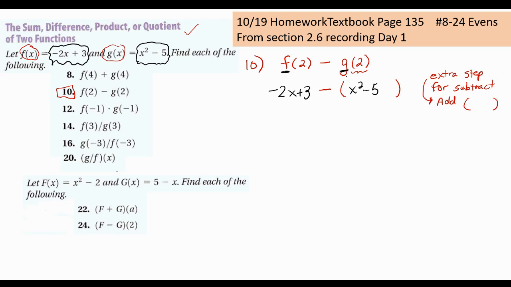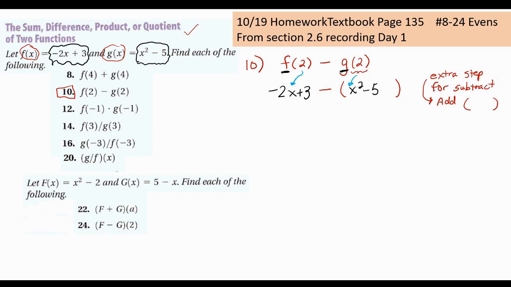So it's telling me to use the g function on the right, the f function on the left. And it's also telling me to plug in for the f function a 2, and also for the g function, plug in at x a 2. And then we're going to do the math. Just make sure that you keep the parentheses because it's a subtract problem, okay?